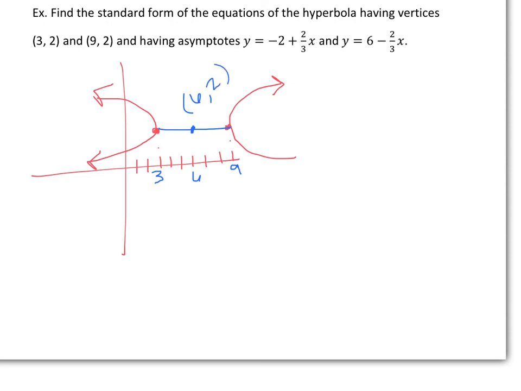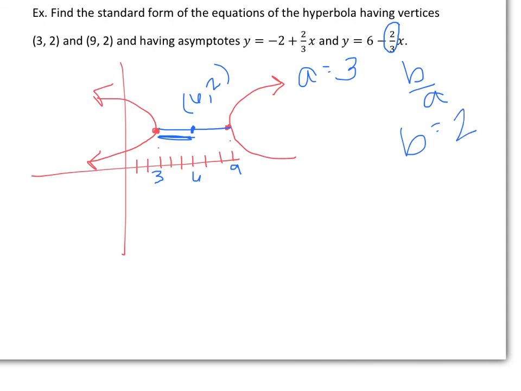And then we have to write it in standard form, so we have to know our h, k, a, and b. We know that a has got to be 3. It's this distance. From our asymptotes, we always know this fraction right here with x was, if it was a left and right, this is b over a. So in both cases, I know that my b equals 2.